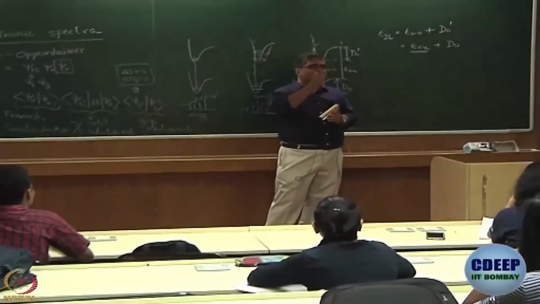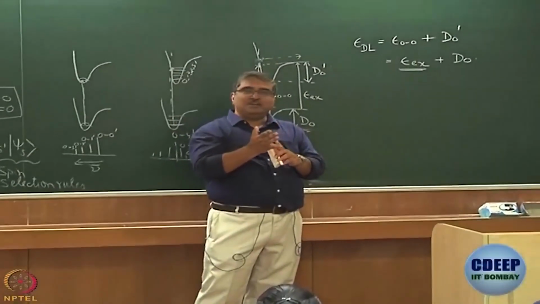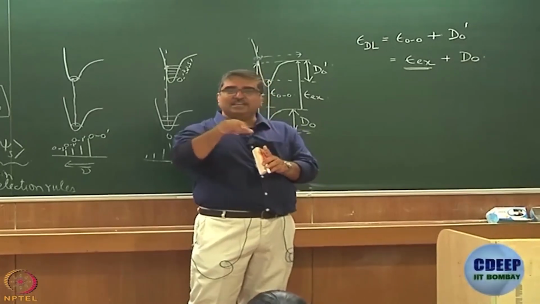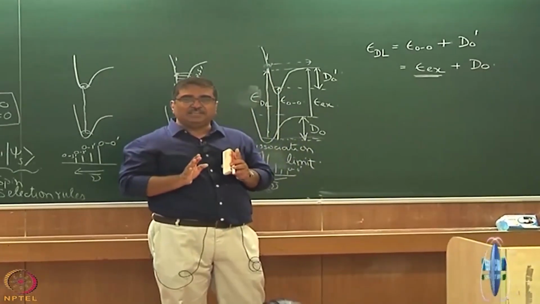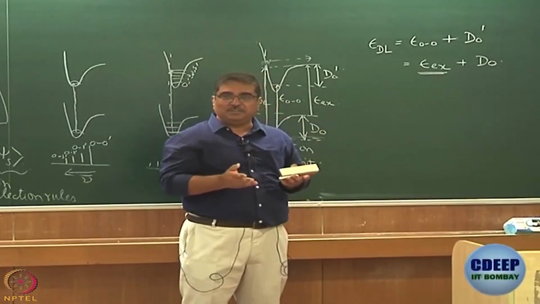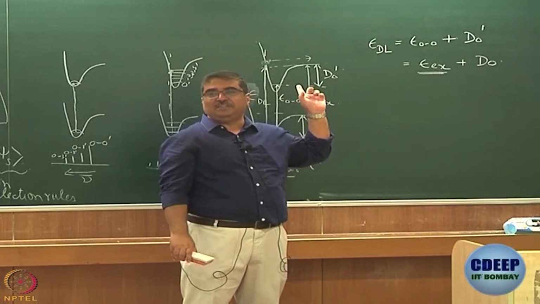If we look at 3 lines, what are the 3 unknowns? One is the anharmonicity constant, one is D0 and one is the equilibrium vibration frequency. So if you have the positions of 3 lines, you have 3 equations and 3 unknowns. So if you look at the IR spectrum, you should be able to determine D0.